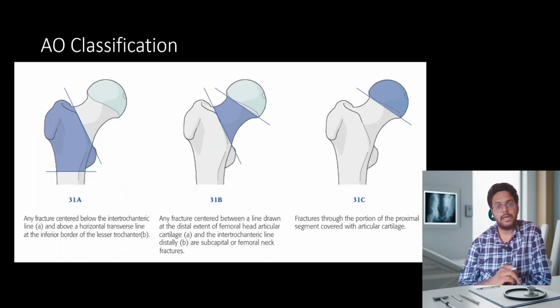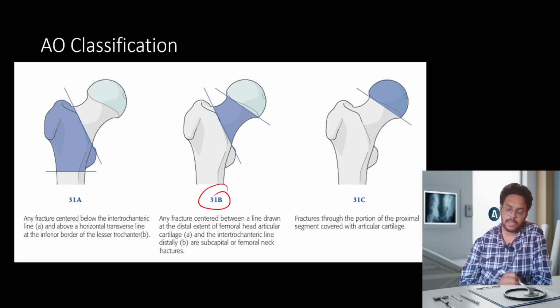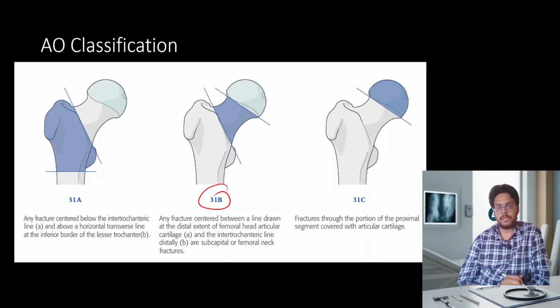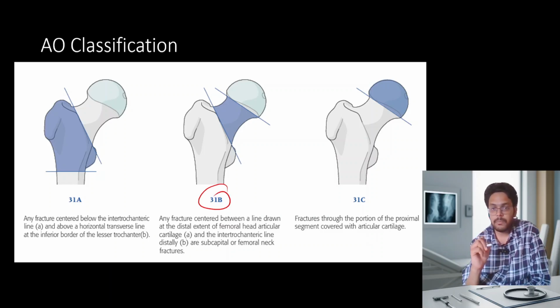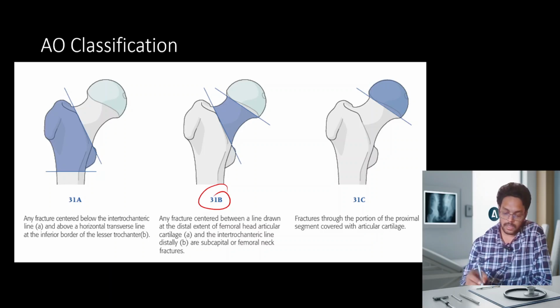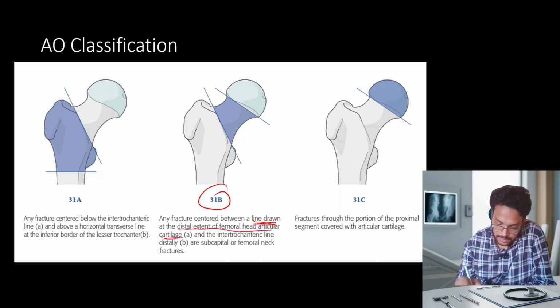Next, the AO classification system for neck of femur fracture. As you can remember, 31B is the neck region. At what points does it define this? That you have to see. The neck is defined at the line drawn at the distal extent of the femoral head articular cartilage. This is the distal extent of the articular cartilage.